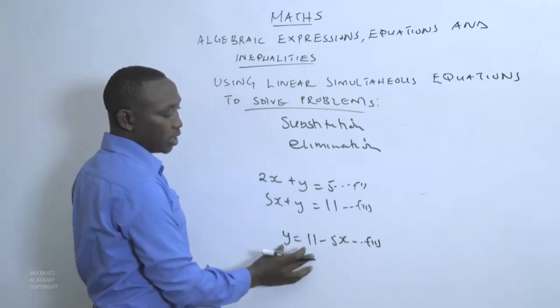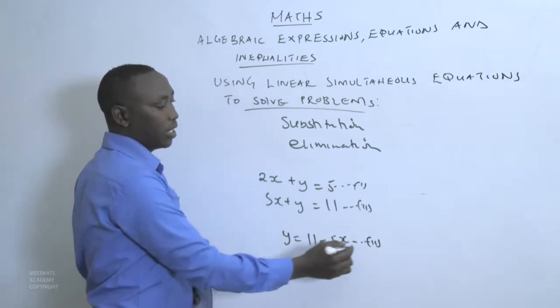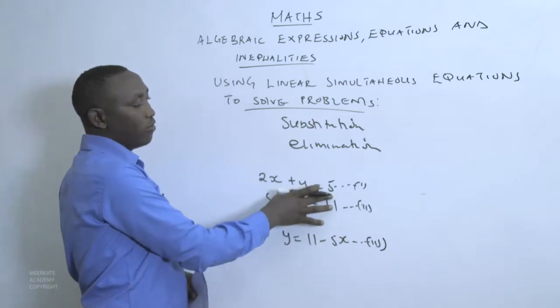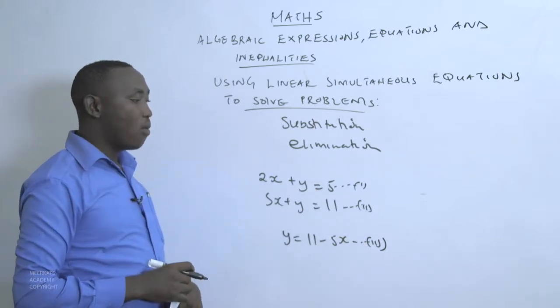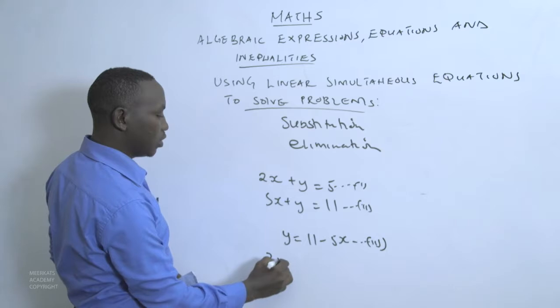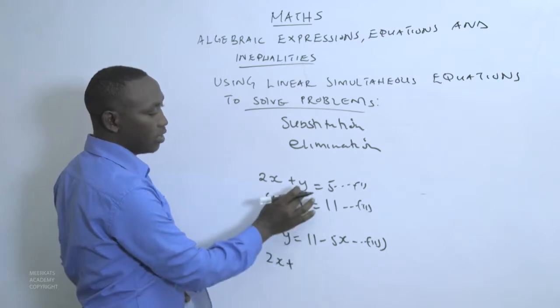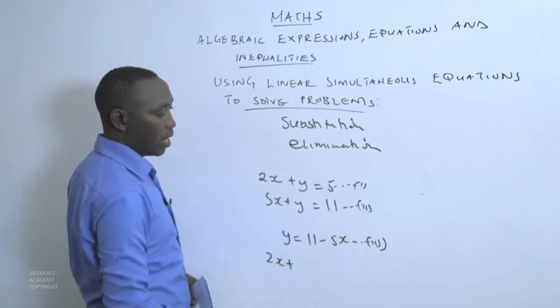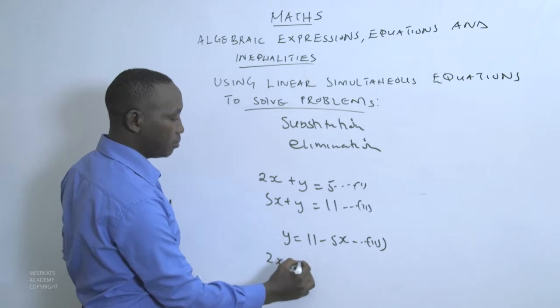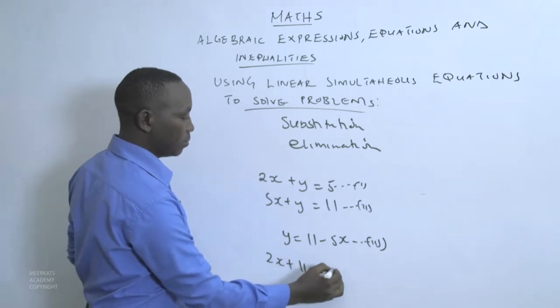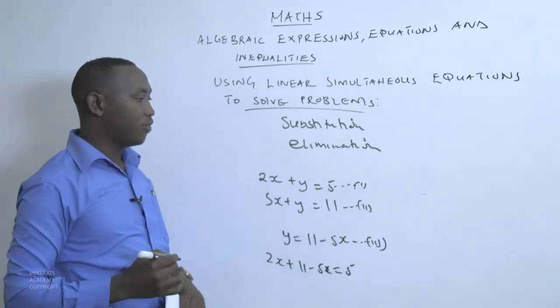Then we substitute the value of y in equation 3 into the value of y in equation 1. That will give us 2x plus, instead of writing y, we put 11 minus 5x is equals to 5.